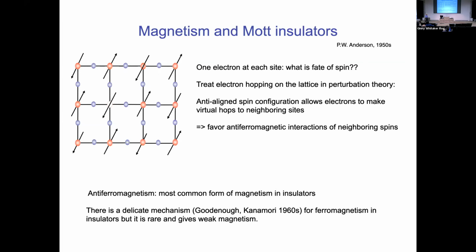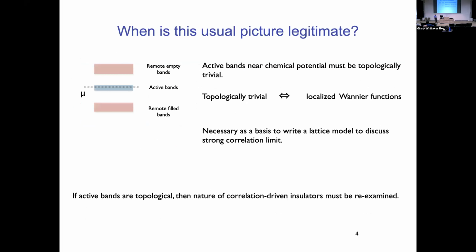There is a mechanism to get ferromagnetism in an insulator, worked out by Goodenough and Kanamori and others in the 1960s. But it's rare, and even then the ferromagnetism is very weak. So this is the standard story of magnetism in insulators. So we can ask when this usual picture is legitimate, right?